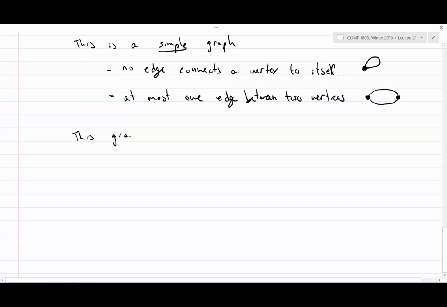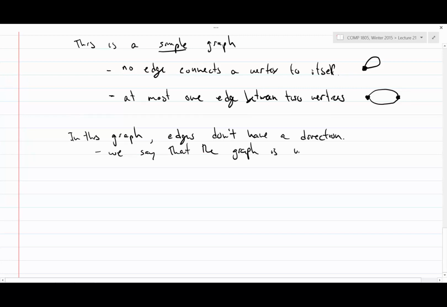So in this graph, edges don't have a direction. That's not required. When edges don't have a direction, we say that the graph is undirected. That's the term we use for that.